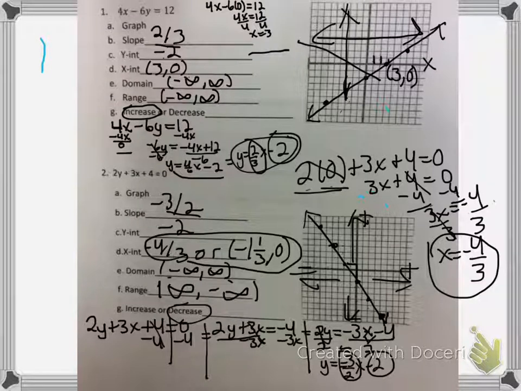Excuse me. Alright. And the graph is decreasing because it has a negative slope.